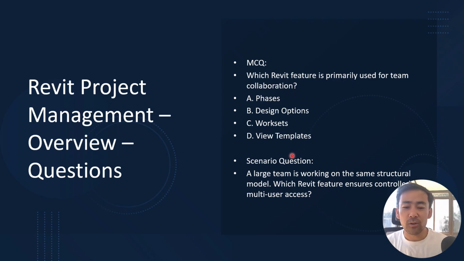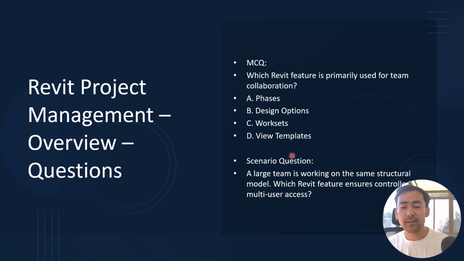Second question, a large team is working on the same structural model. So we have one central model and everybody is working on that. Which Revit feature ensures controlled multi-user access? For this question, the answer is again the worksets.